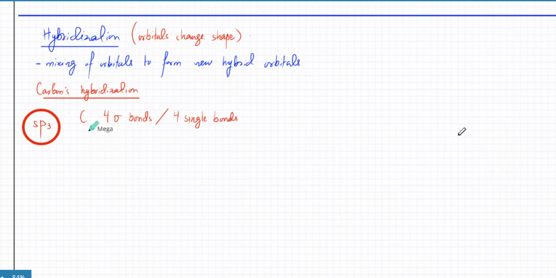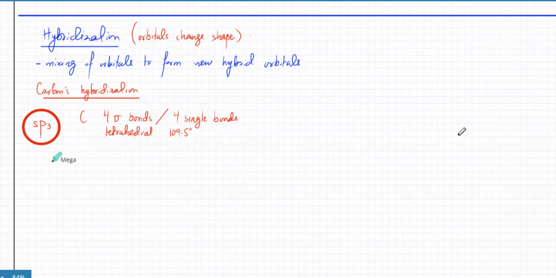And the shape of this carbon would be tetrahedral. And the angles would be 120 degrees, not 120 degrees, 109.5 degrees. These are all the properties of sp3 hybridization. We still don't know what sp3 hybridization really is.